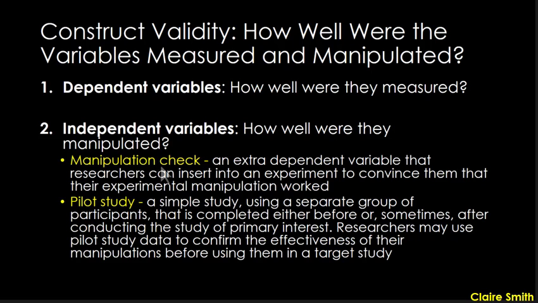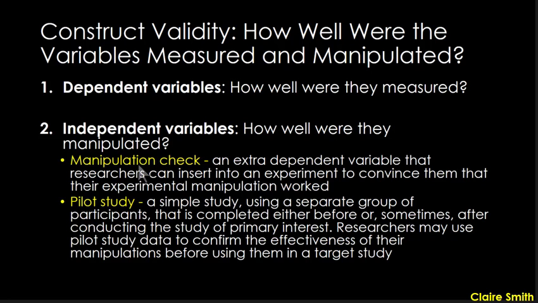Besides just measuring the exam scores, they also asked students how funny or humorous they thought the lecture was. That way the researchers could rate how funny the students thought each lecture was, to make sure they're actually manipulating the humor level of each lecture.